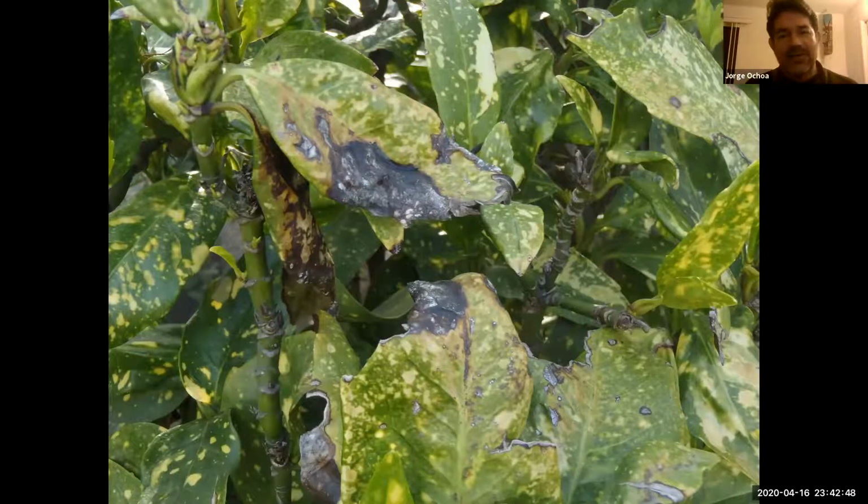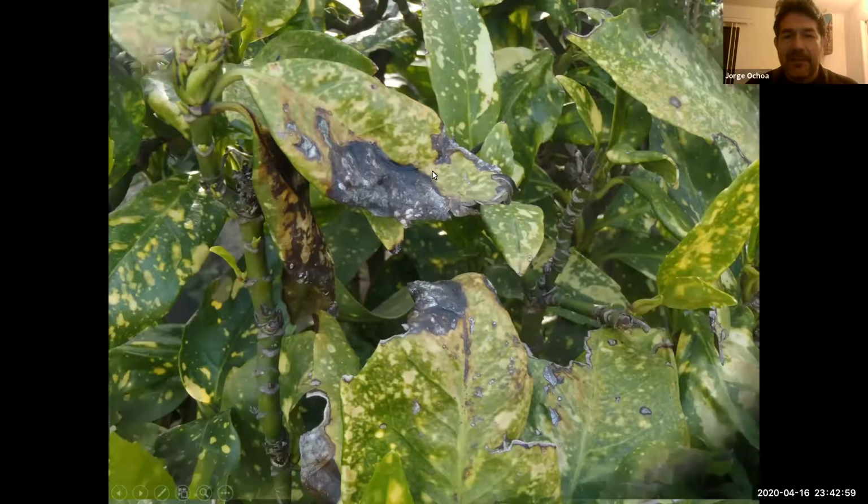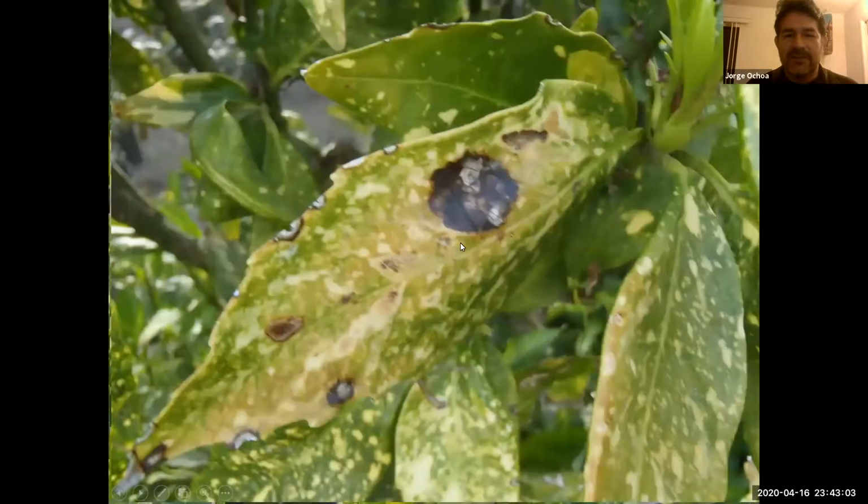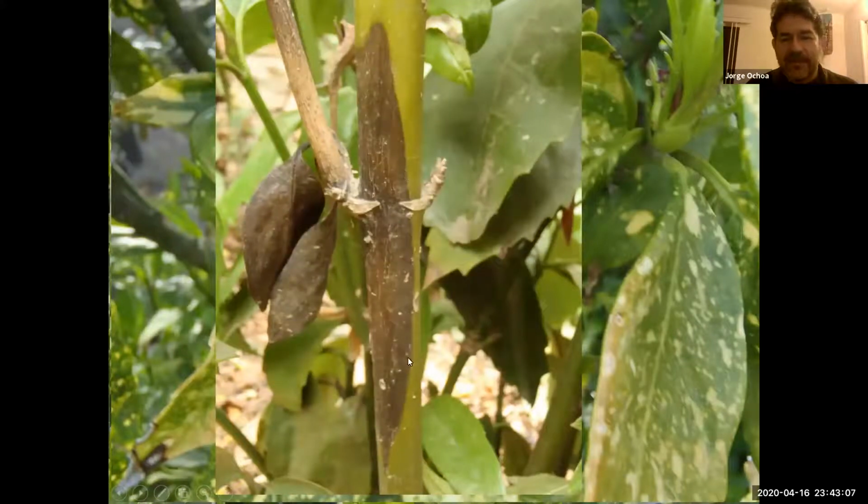Now in Aucuba, it has a different effect. You're going to have some leaf spots that will become necrotic, or dead, so they're going to die. But the disease can work a little bit more. So here's some leaf spot. If it happened to also afflict the stem, it will kill it. And this is going to create that canker that we talked about. You can see right here the boundary between the living tissue and the dead tissue.